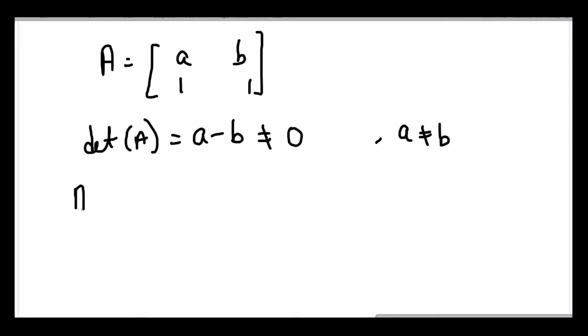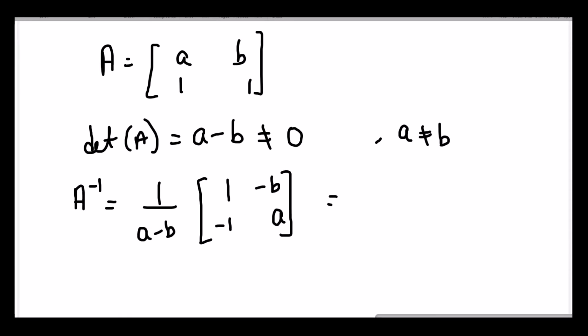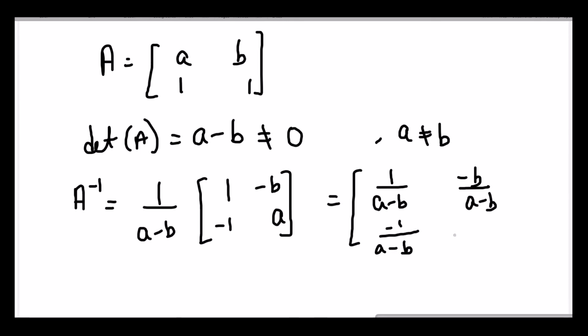Therefore what is the A inverse over here? It is 1 upon a minus b into, you interchange the diagonal, so 1, a, and for the non-diagonal you simply put the minus sign. And if I take 1 upon a minus b inside, I have 1 upon a minus b, minus b upon a minus b, minus 1 upon a minus b and a upon a minus b.